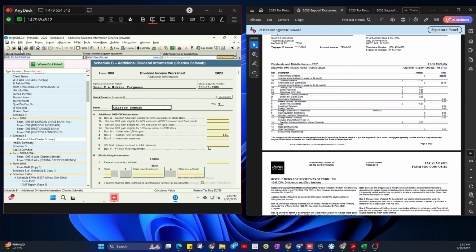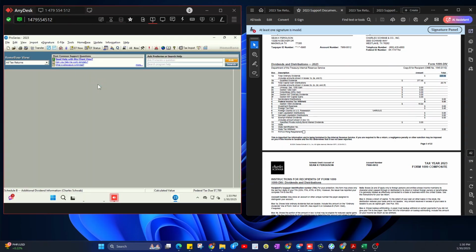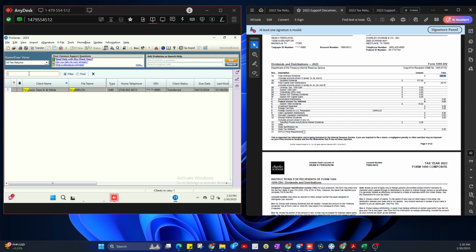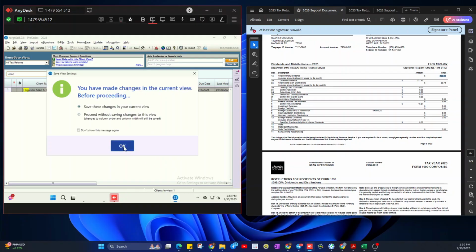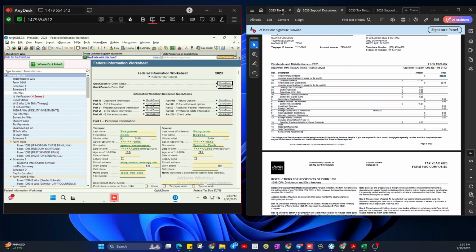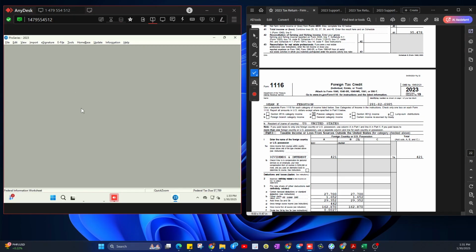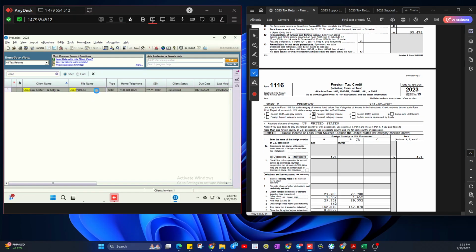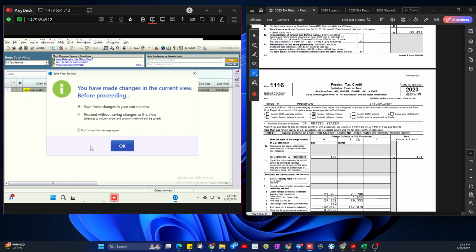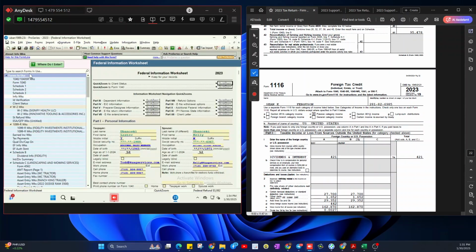Let's go to similar. Let's go to Ubanowski. Let's go to Ubanowski. This one. Okay.